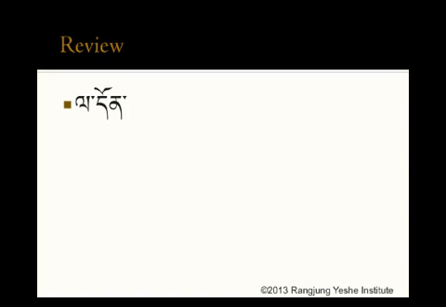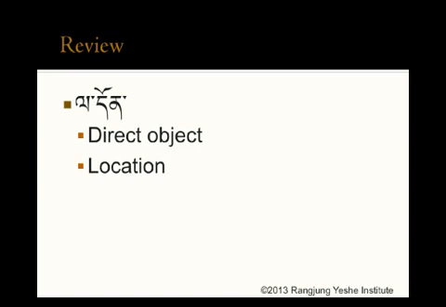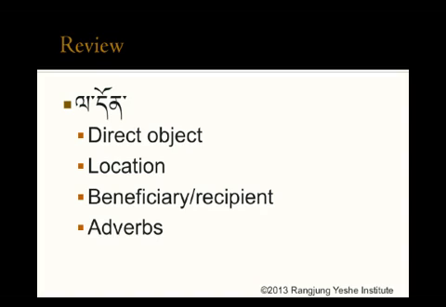The seven Ladun particles have a wide range of uses. They can indicate the direct object of some transitive verbs and verbs of emotion, such as to look at, tawa, to harm, nupa, to have faith, depa, and so on. They can show location in space or time. They can indicate the beneficiary or recipient of an action, and they can turn nouns and adjectives into adverbs.